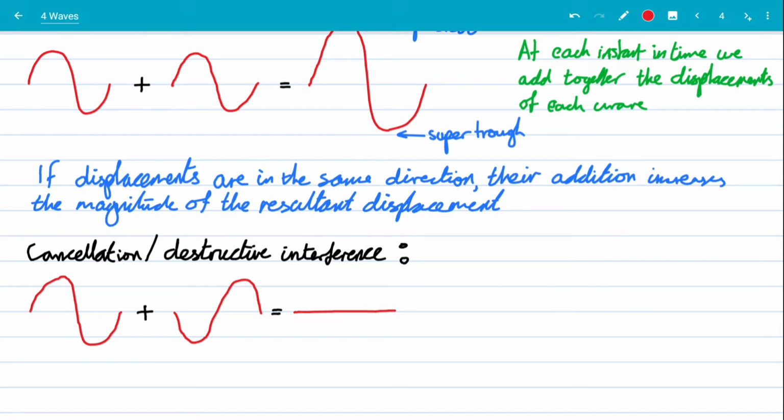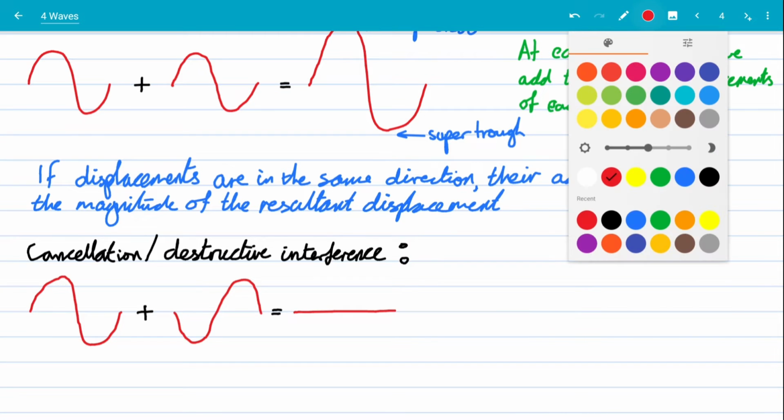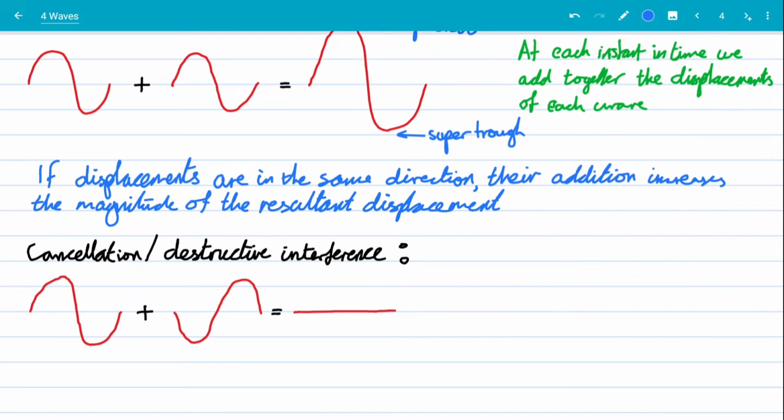So it's still true what we said before. Each instant in time we add together the displacements of each wave. That's still true. But now what we can say is that the displacements are always in opposite directions.